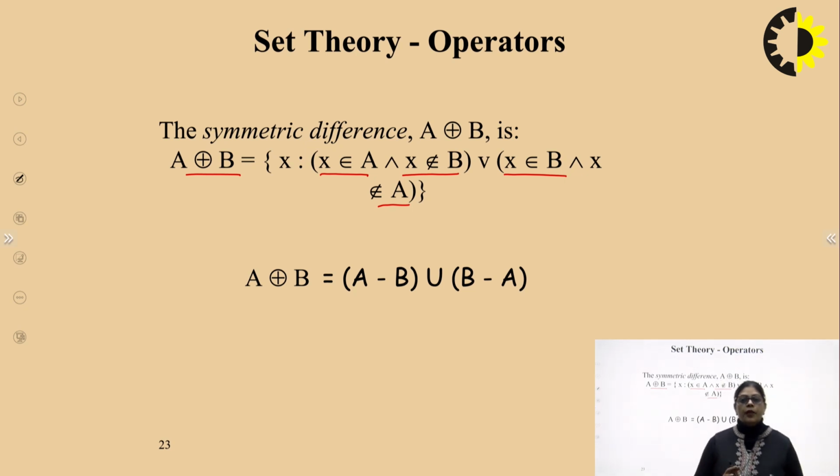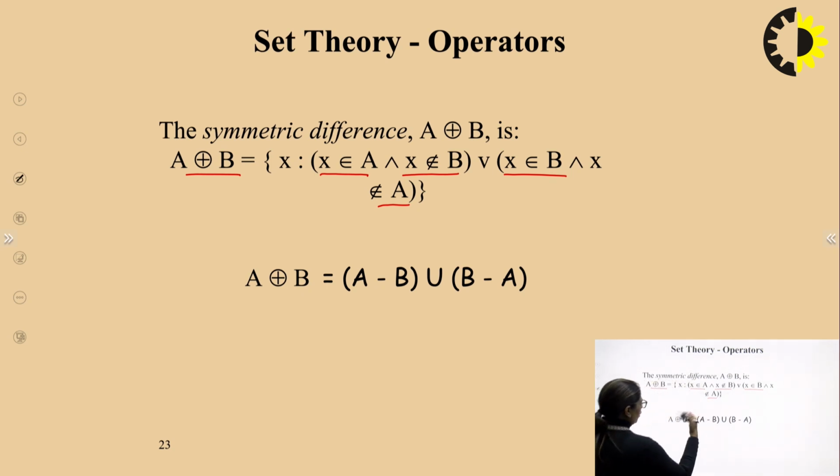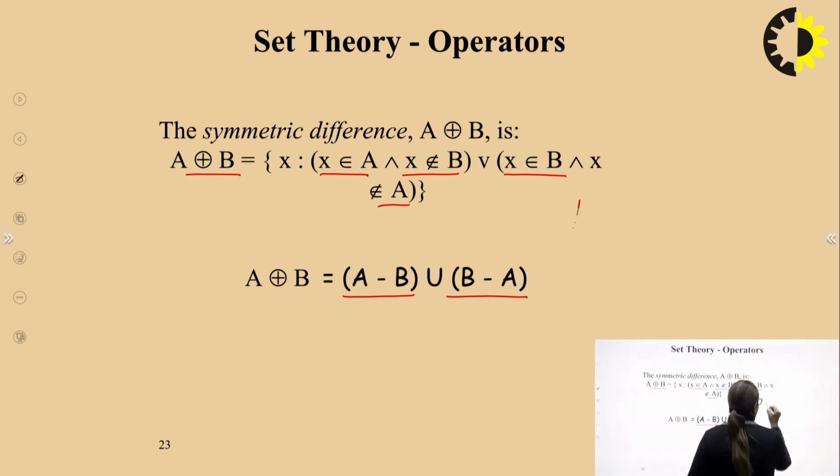That means first we have to find out the union of A and B, and then we will exclude the intersecting elements, means common elements from both, right? And if we want to solve it, A minus B and B minus A is the union. Now I will tell you with the example.